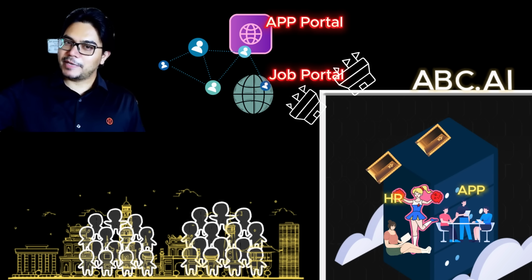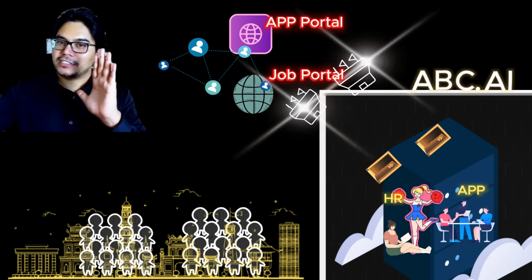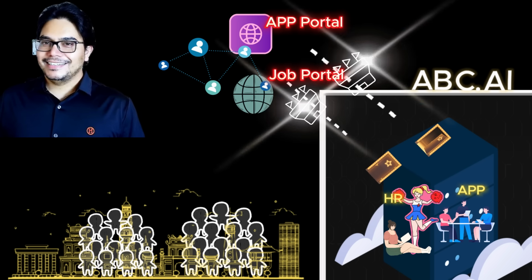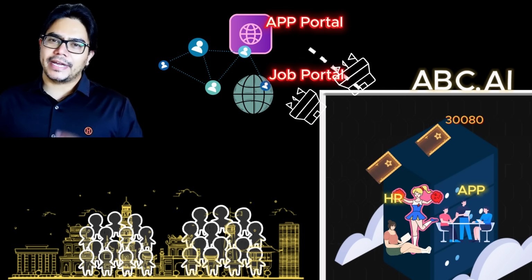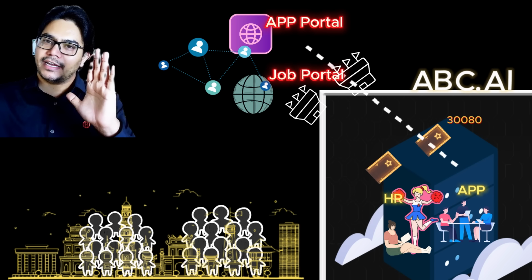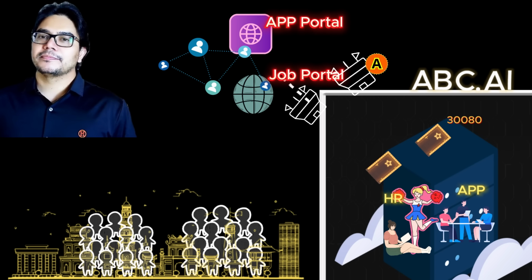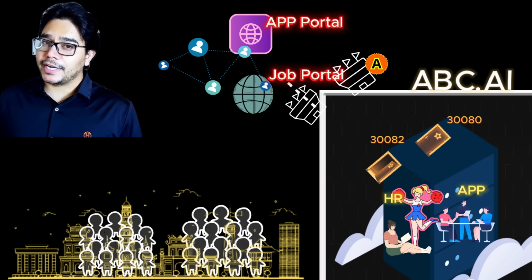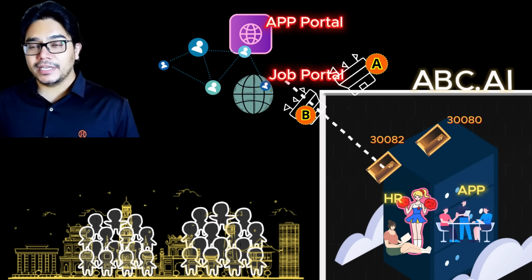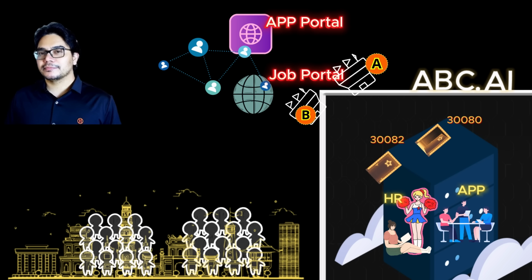Yes, these perimeter gates are connected to the specific side entrances. That means application team's side entrance 30080 connects to gate A on the company's perimeter. HR portal side entrance number 30082 is connected to gate B on the company's perimeter.